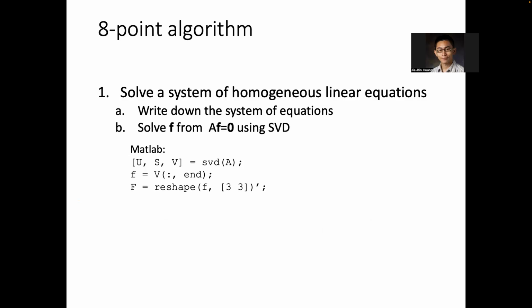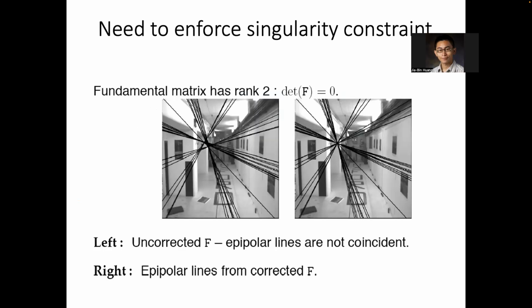We know that the fundamental matrix has determinant 0, which means that the least singular value must be 0. So what you can do is apply SVD again to enforce that the rank of the matrix is 2.